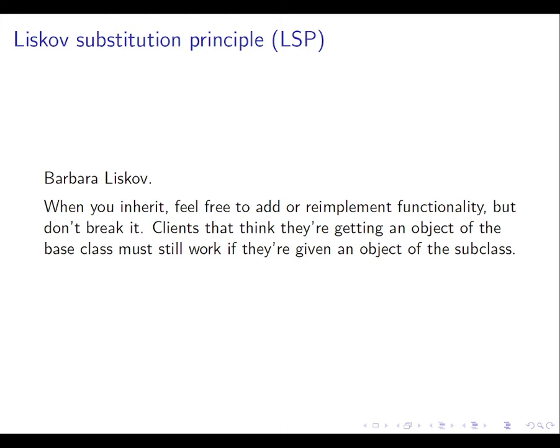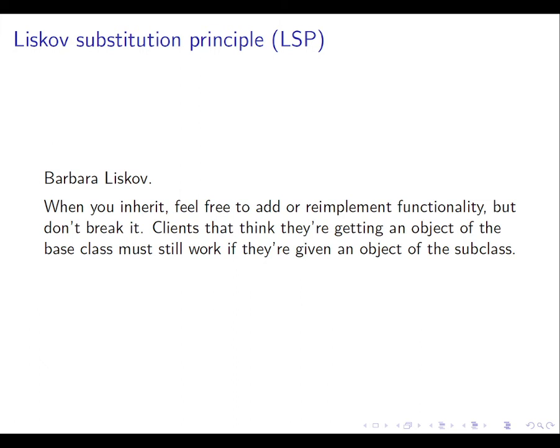Because the owners of our bank application are going to be seriously unhappy if, having tested their application thoroughly with the customer class, it later transpires that when they're given a special customer object and they invoke the getAccountNumber method, they find that the entire contents of their hard disk are deleted.